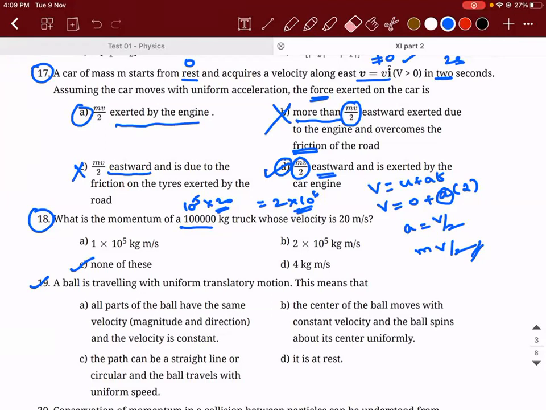So there is a ball which is traveling with a uniform translatory motion. This means that all parts of the body have the same velocity. The center of the ball moves with a constant velocity and the ball spins about its center uniformly. The path can be a straight line or circular and the ball travels with uniform speed.